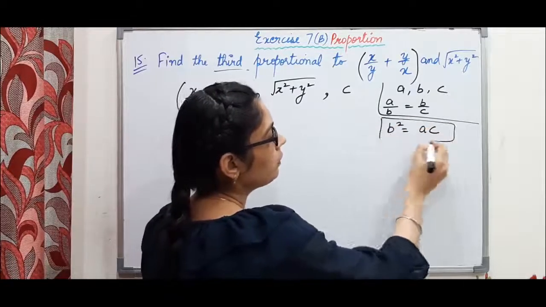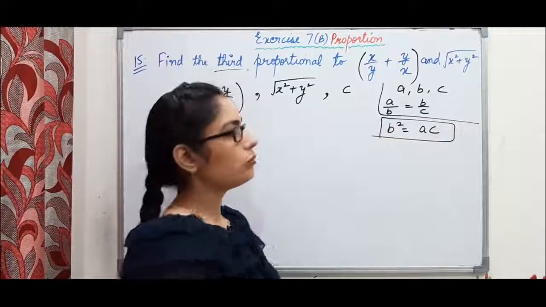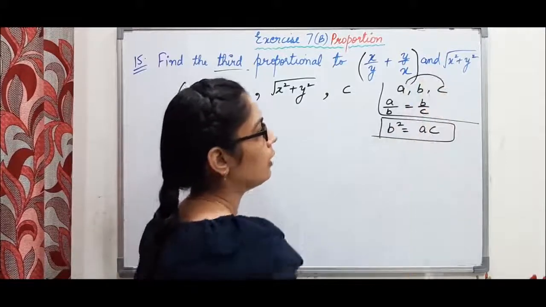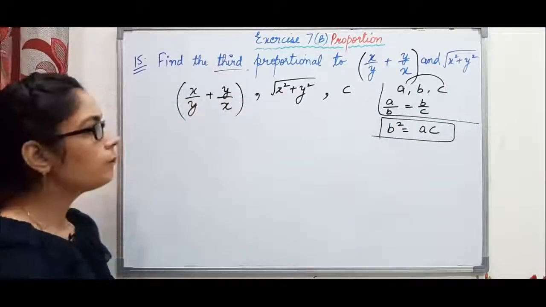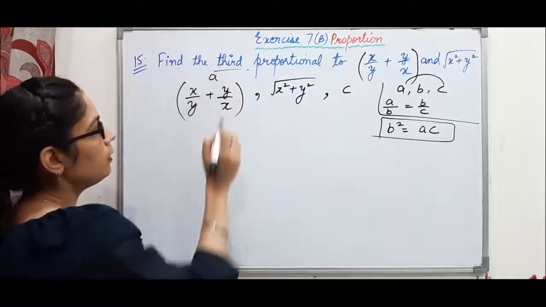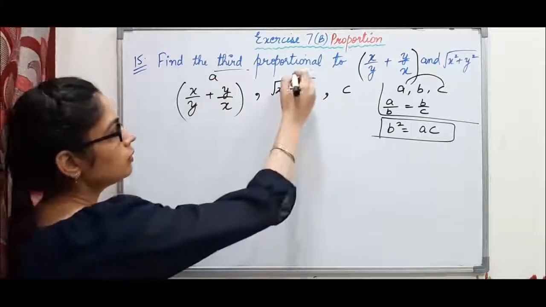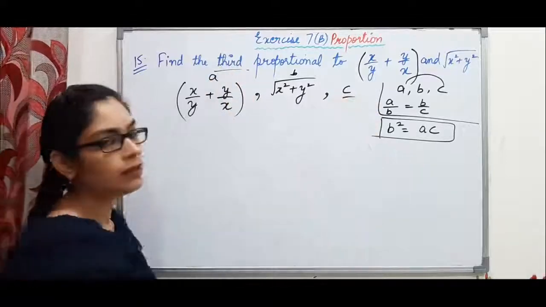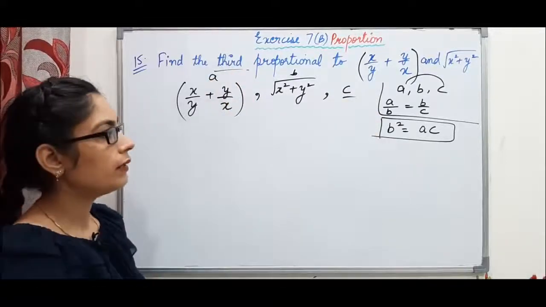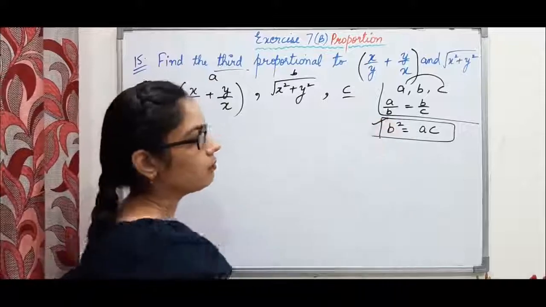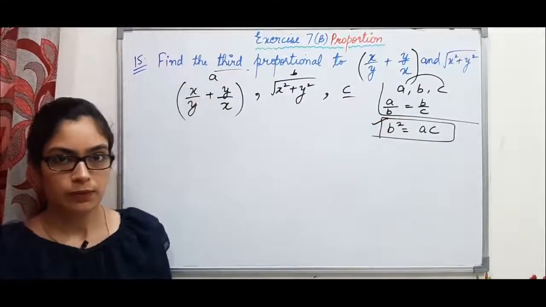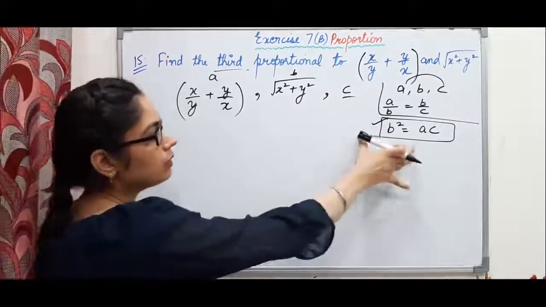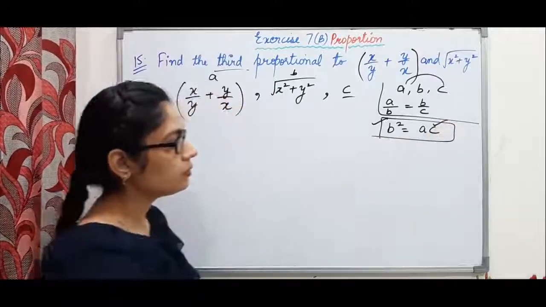The square of the mean is equal to the product of the first and third. So here this is my A, first proportional, this is B, and the third is C, which we have to find. This relation we will use, b square is equal to ac. We will substitute the values and solve for c.